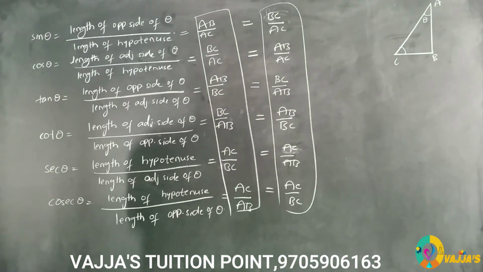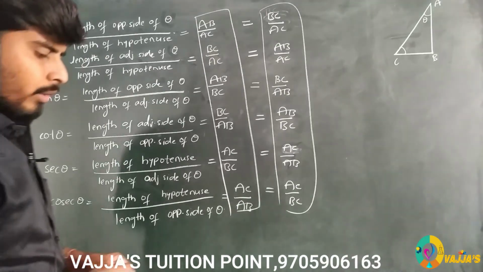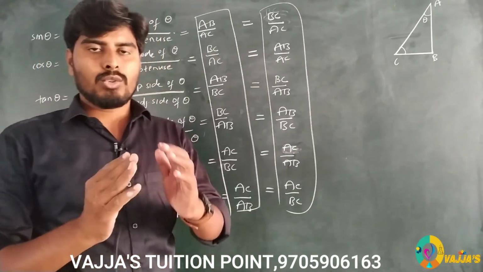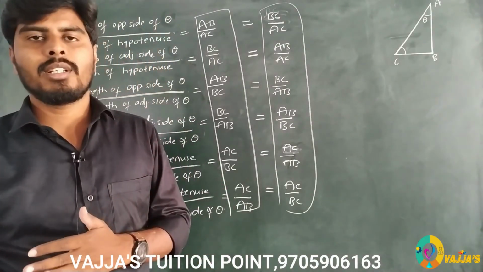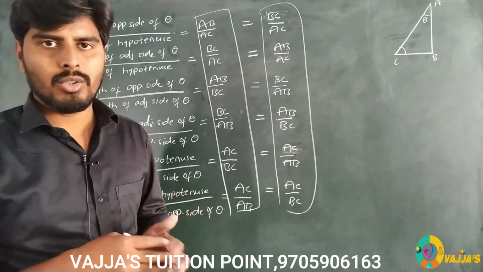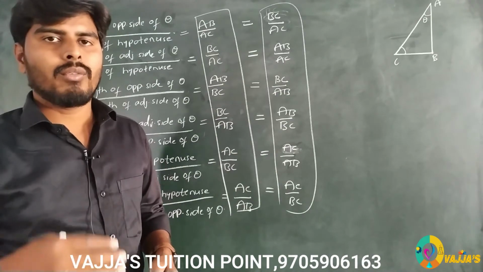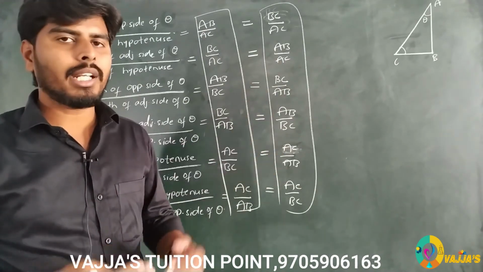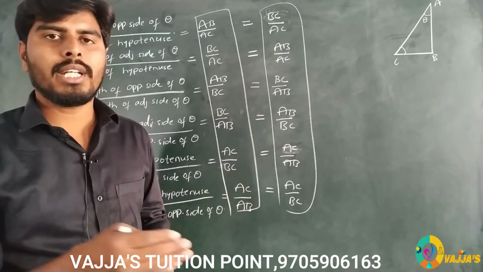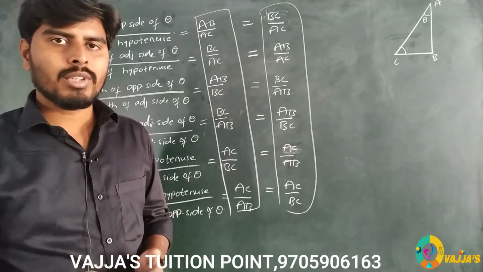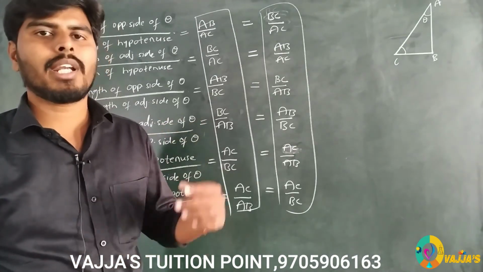Okay, right. Earlier I told you that most of the time we take a right angle triangle. To define the trigonometric ratios we are taking a right angle triangle. The reason is that the only triangle having three different side names is the right angle triangle.